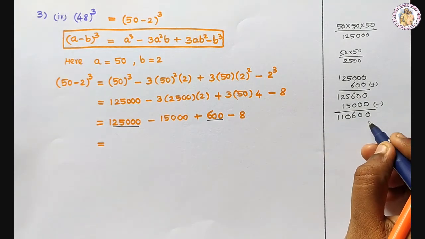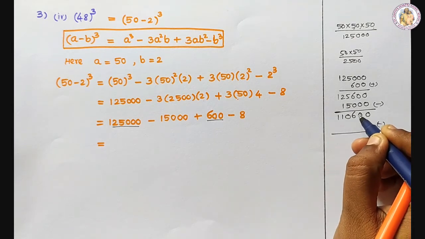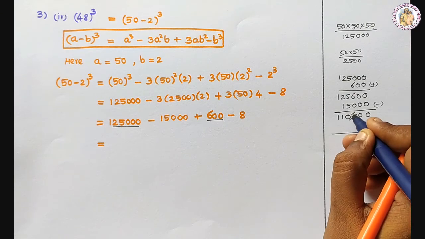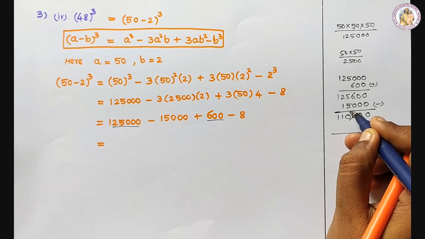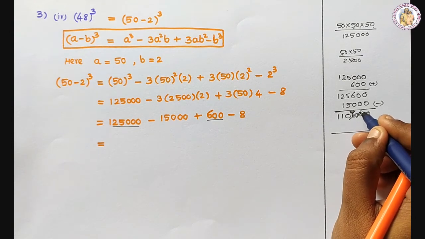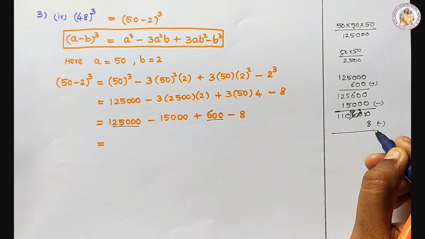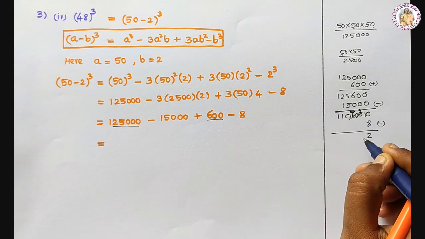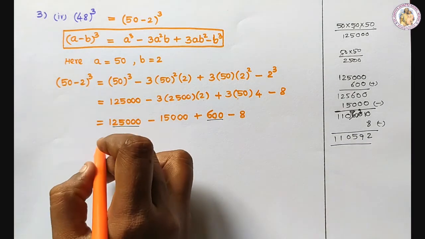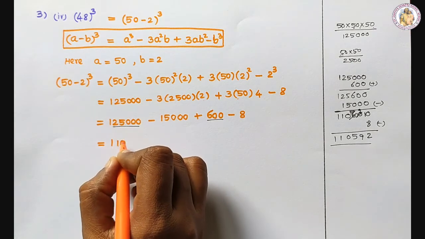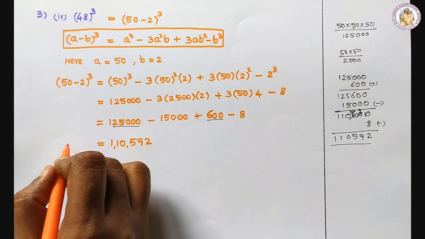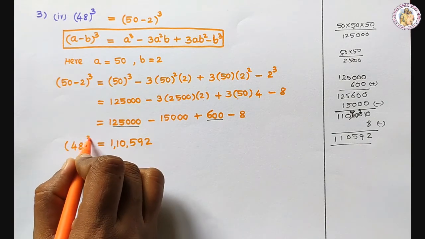Again subtract 8 from that, it becomes 6. 0 minus 8 is not possible, so borrow 1 from here, it becomes 5, here 10 and again borrow 1 from here, it becomes 9. 10 minus 8 2, 9 5 0 1 1. So 1,10,592, that is 48 the whole cube.